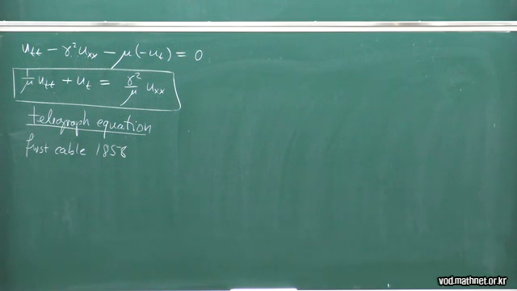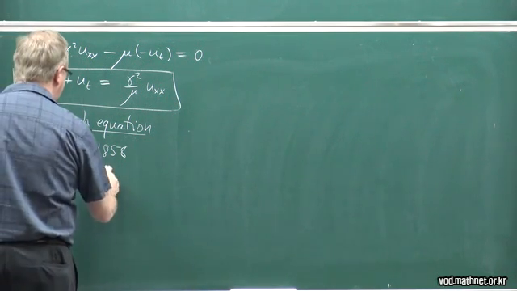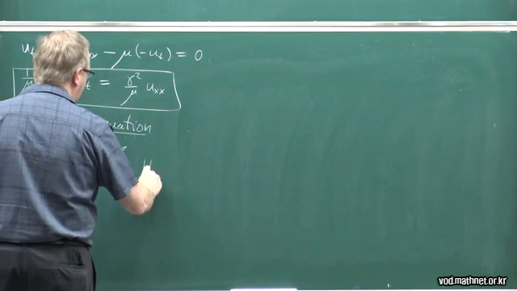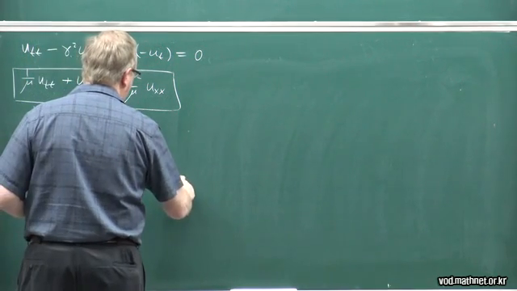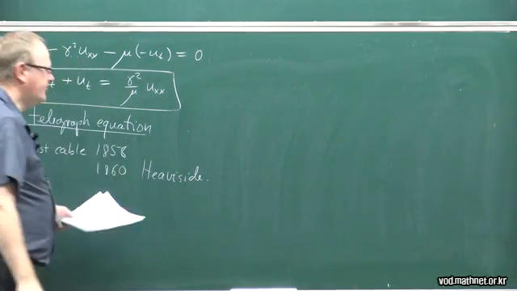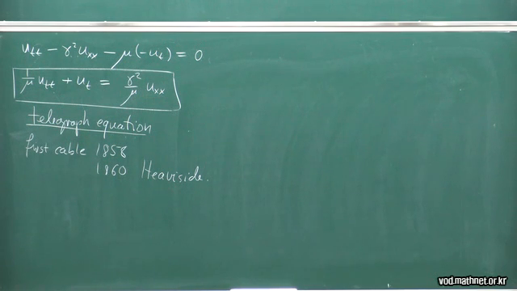Then a few years later, in 1860, Heaviside came up, and that's the same Heaviside from the Heaviside function. And he looked at a system of two wires which are close together, and then by the inductivity between the two wires you have much less resistance, and the signal should be more clear if you use two wires instead of one. And this is described exactly by the Telegraph Equation.